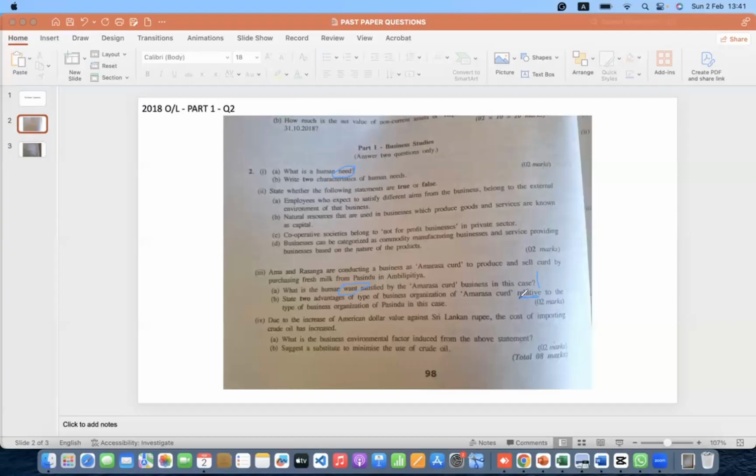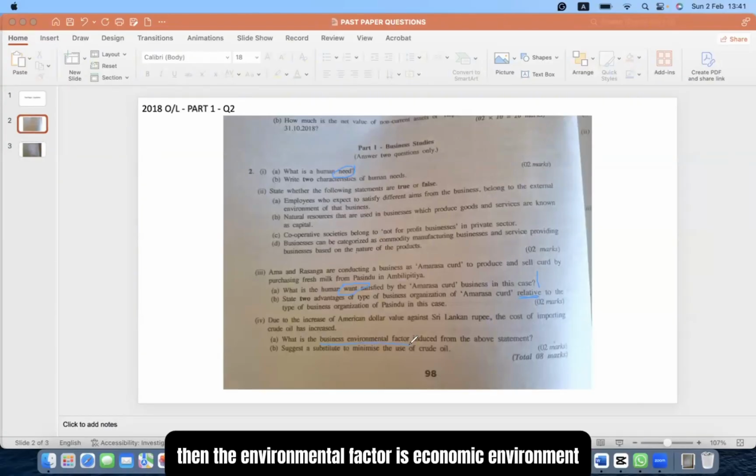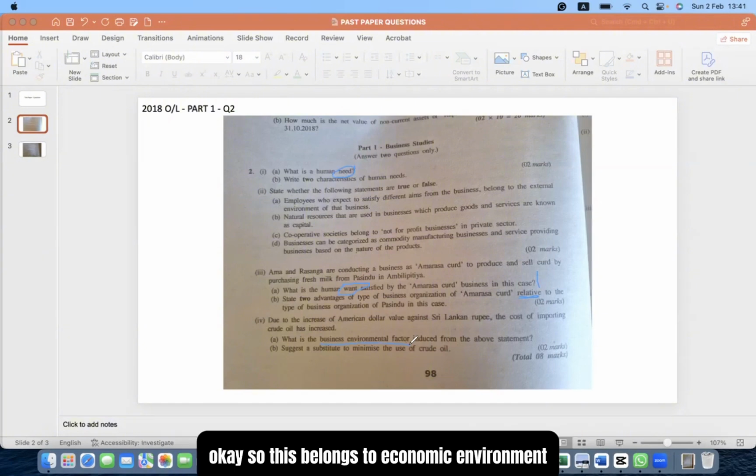දැන් ඇත්තටම මටත් එකපාරටම මේක freshly බැලුවම එකපාරට හිතුණා මේක foreign exchange rate එකද කියලා. Right? But they are asking in particular, okay, what is the business environmental factor? Okay. Then the environmental factor is economic environment. So this belongs to economic environment.